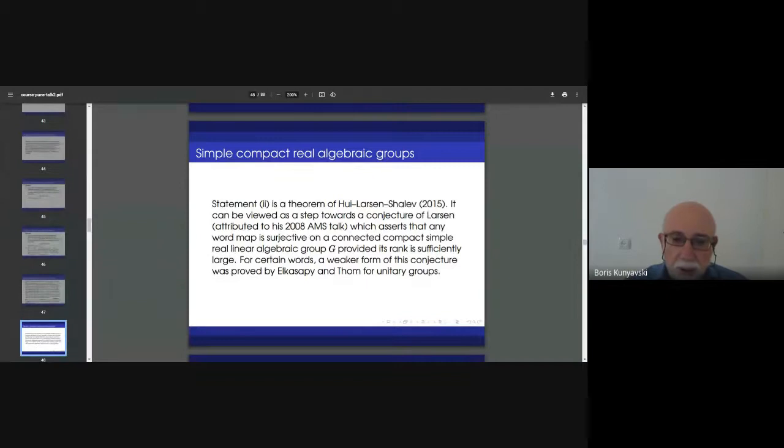And as I told you, the second statement is a theorem of Hui, Larsen and Shalev, a little bit more recent. And this is a step towards the conjecture of Larsen, as I told you.